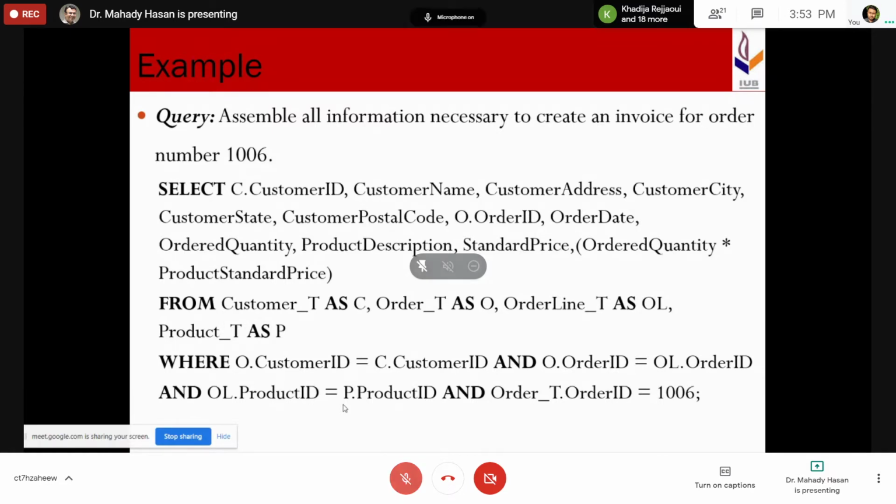Let's assume all the tables have n number of data. So what would be the complexity? স্যার এন স্কয়ার হবে না? How many tables are there? 4.